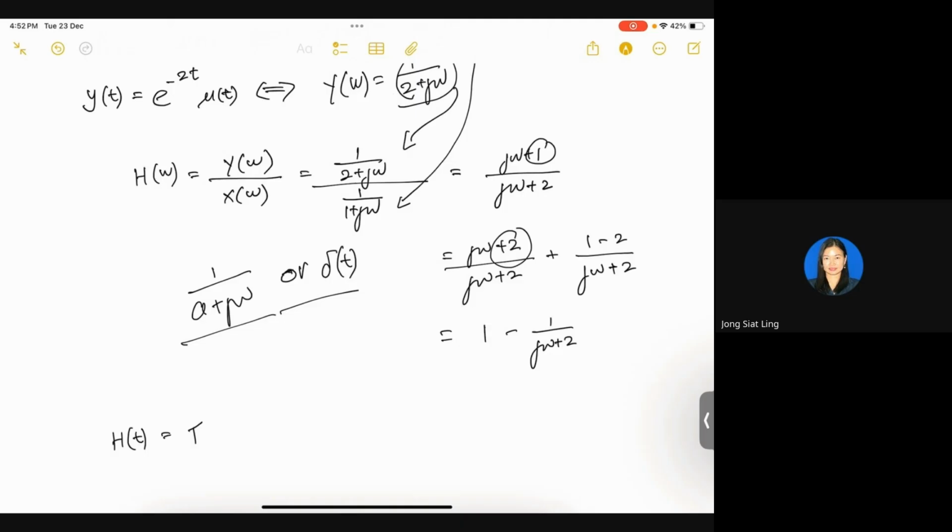The inverse Fourier transform of 1 plus (minus 1 over jω plus 2) will obtain δ(t) minus e^(-2t) u(t).